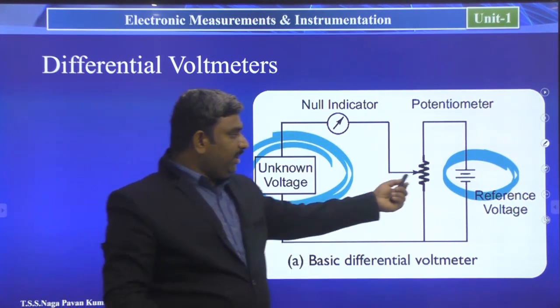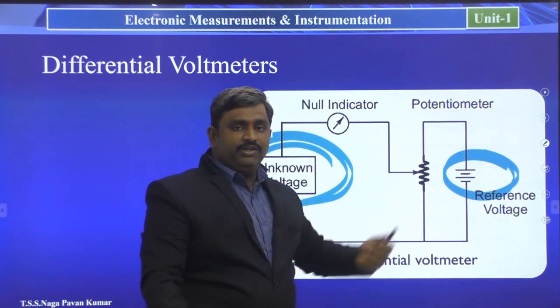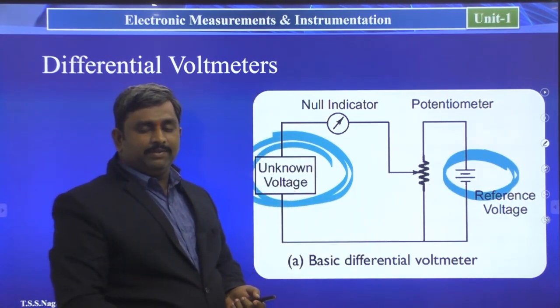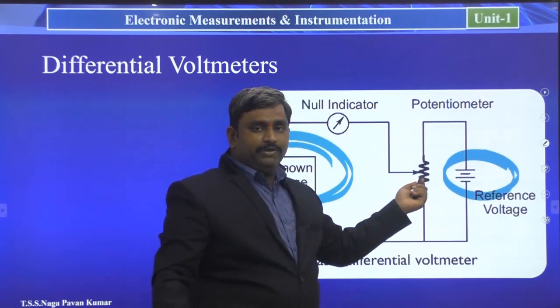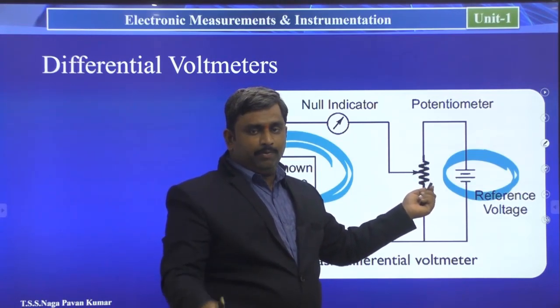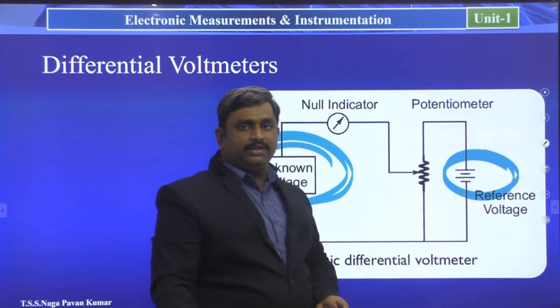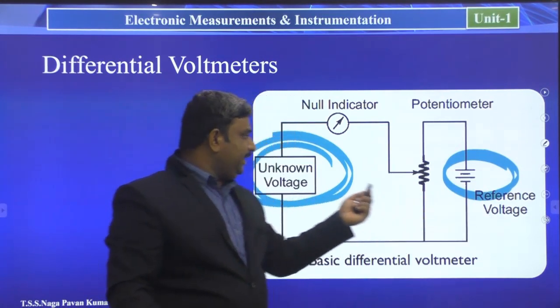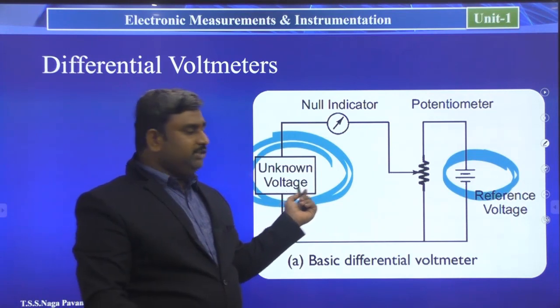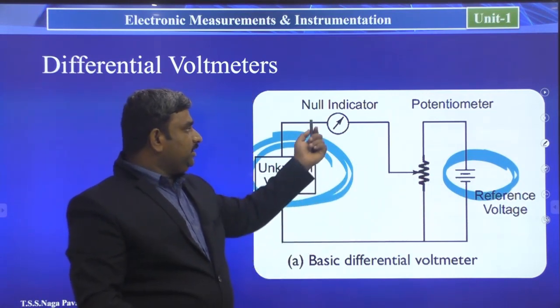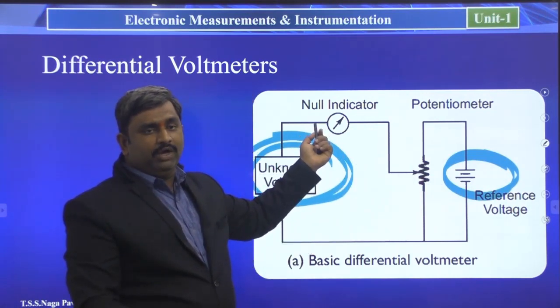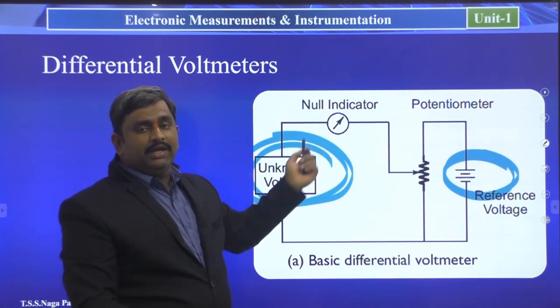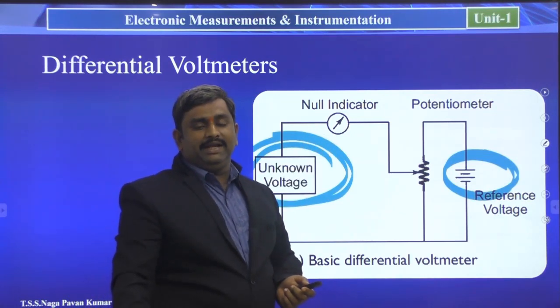By varying this potentiometer, the reference voltage is varied. When the reference voltage and the unknown voltage become equal, there is no current flow in this indicator, which we call the null indicator display.